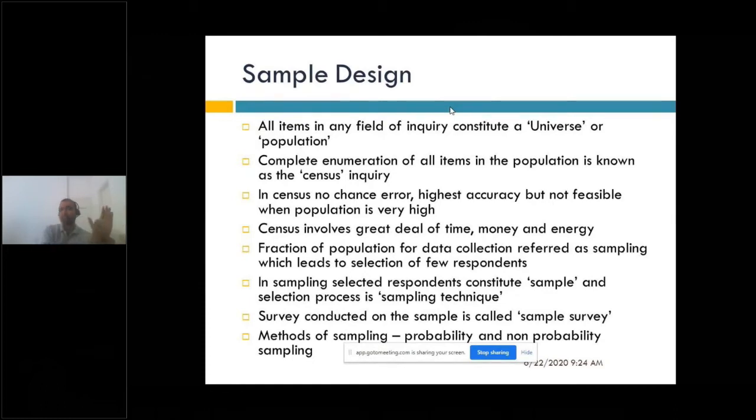Suppose we do not have a sampling frame, a list of all respondents from where we want to select randomly. If it is not available, then we can't go for probability sampling. In that case, we have to go only for convenience sampling. But if a sampling frame is available, a list of all respondents is available, then we can randomly select some of them. So that is the thing.